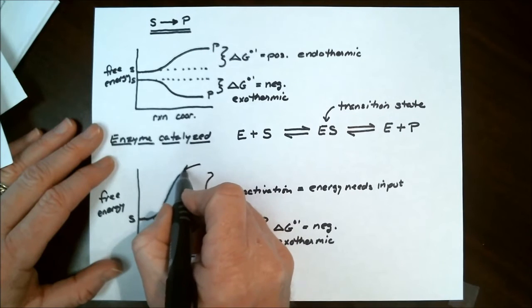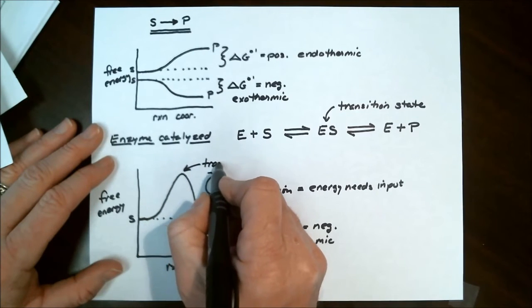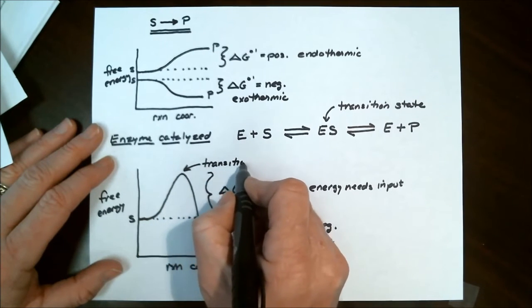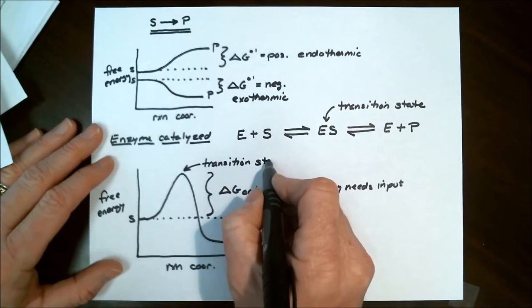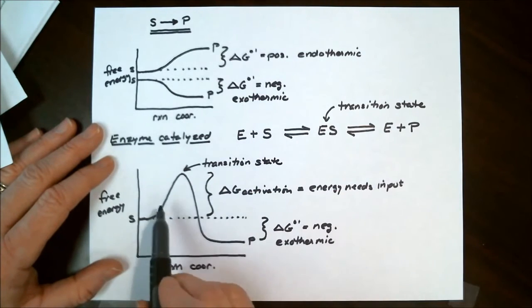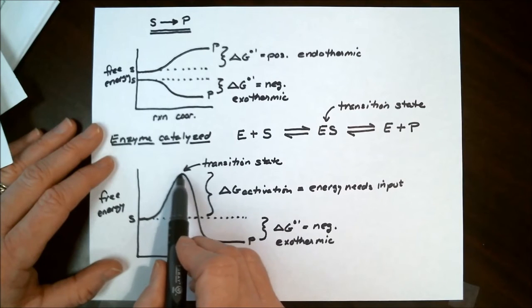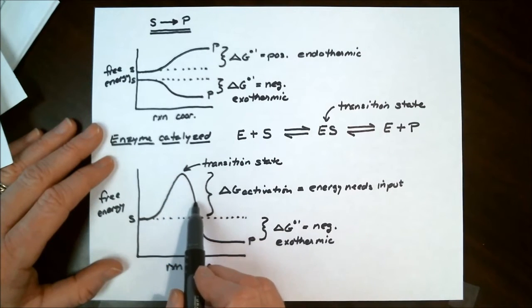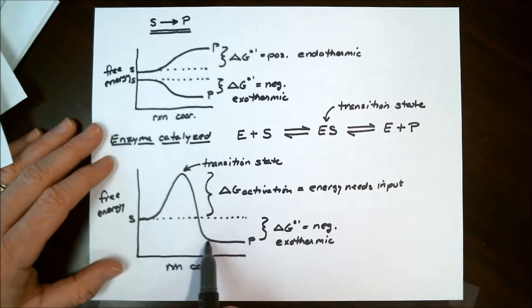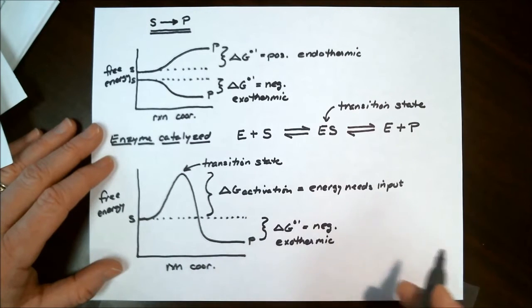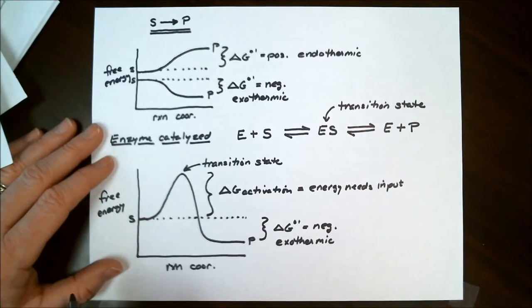So this peak of the chemical reaction is the transition state. It takes a large amount of energy to take the substrate to a transition state. Once we reach this level, then the rest of the reaction is a negative free energy change and will move forward. But we have to put this much energy in.